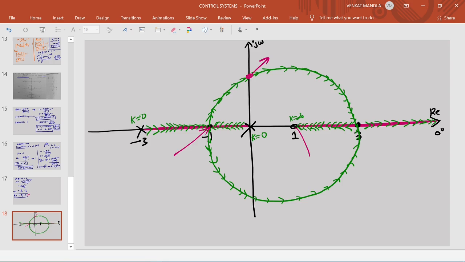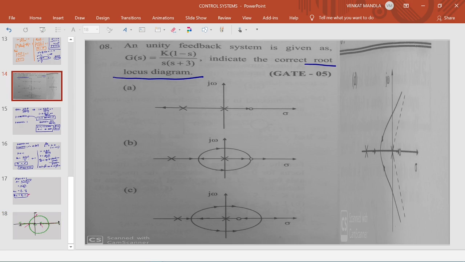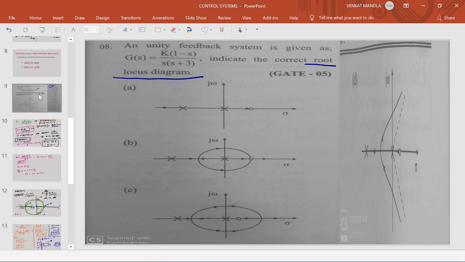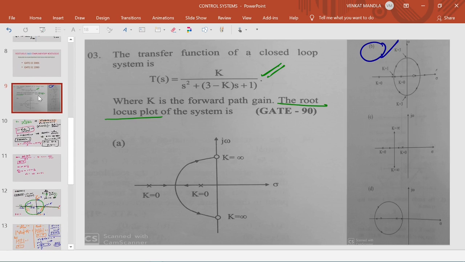Here also, substitute s equal to plus 3 in the magnitude criterion. You will get k values. In these two questions, they have asked for the root locus diagram only, not the complementary root locus. So we have drawn the root locus only. Now I will draw the complementary root locus also.